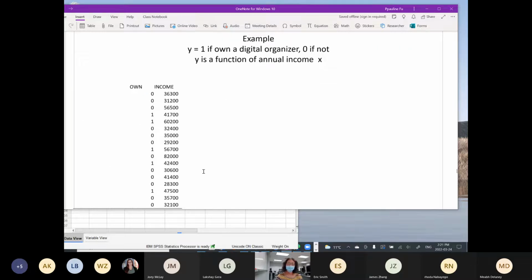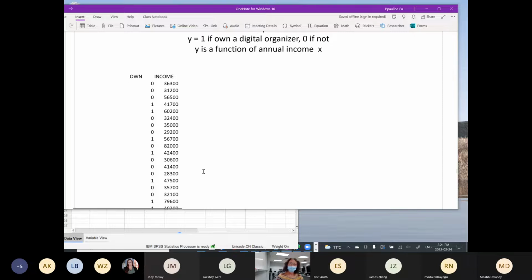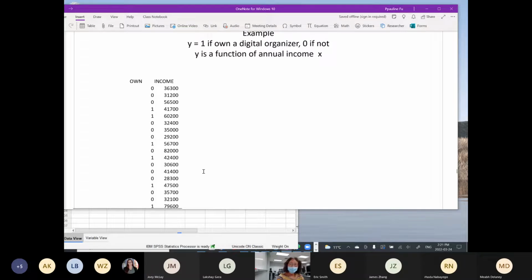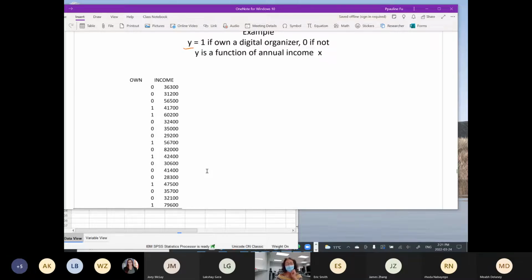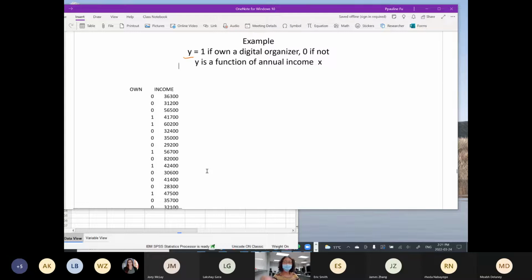Let's look at an example. In this example, we have two variables. One variable is y. This example is about asking people, do you have a digital organizer? If you have no digital organizer, the value is 0. If you have a digital organizer, the value is 1, so that is y.